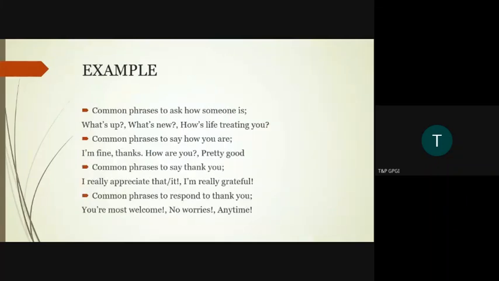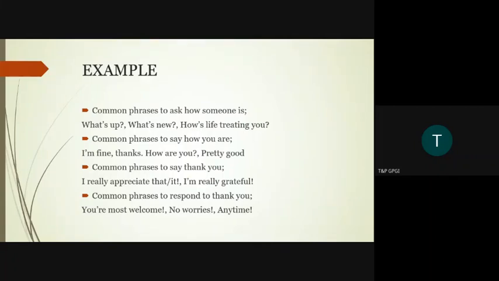Now we'll deal with the actual examples, which I can say are common phrases which you hear often. I'll explain one by one what those are and how you can use them: common phrases to ask someone how they are, or to say how you are, or to say thank you, or to respond to thank you.